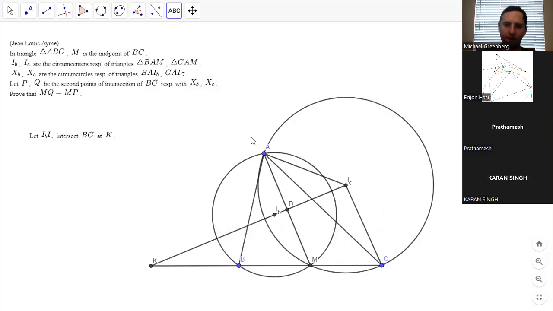So triangle AIBB is similar to AICC. Is that obvious? Yeah, so I'll mention it in just a second. Is it obvious though that those are similar?